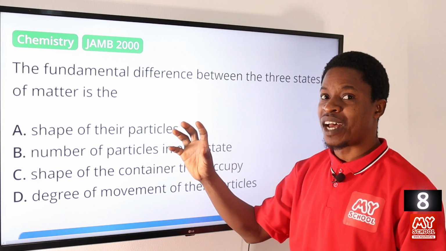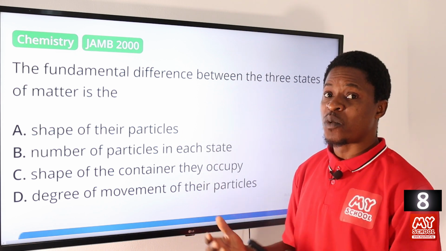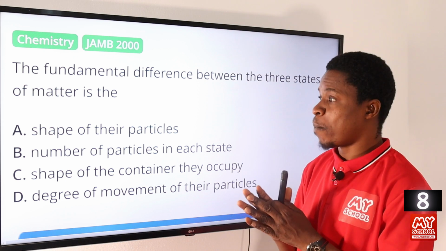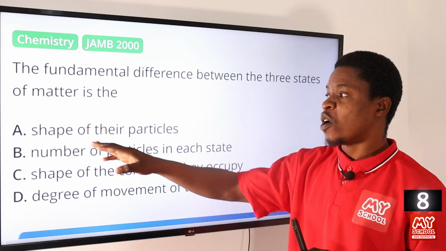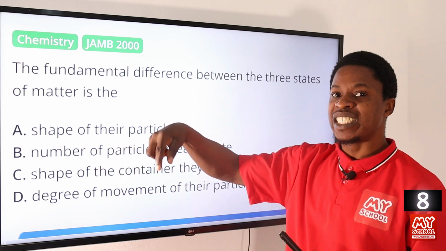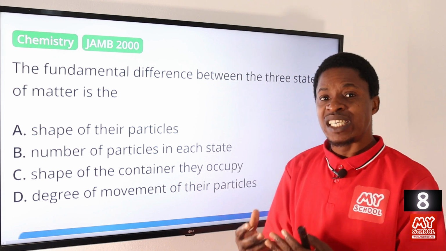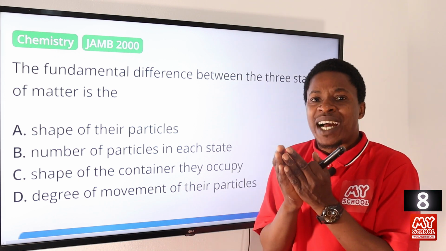Shape of their particles. You agree that solids actually have shapes, because of the way the particles are compacted together. But something actually gave rise to the shape, and it is the way the particles are compacted together.